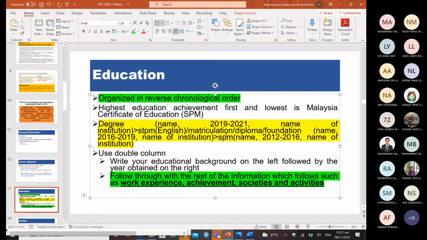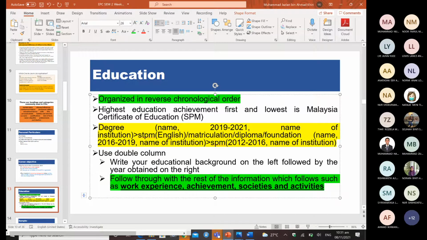Followed by your SPM, which you don't have to put a name for. SPM, as you remember, stands for Sijil Pelajaran Malaysia, or in English, Malaysia Certificate of Education. When you indicate your SPM qualification, it should start from the year Form 1 until Form 5.